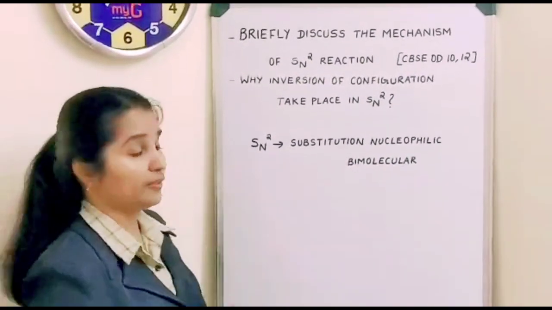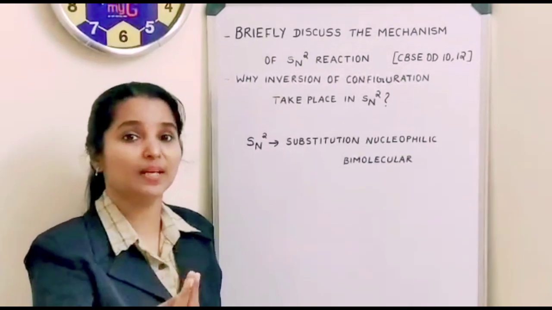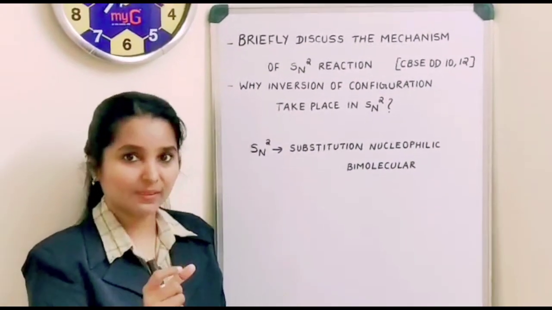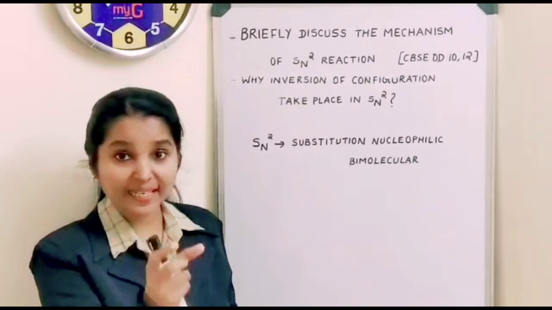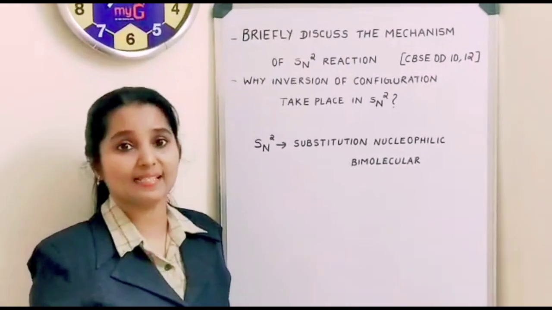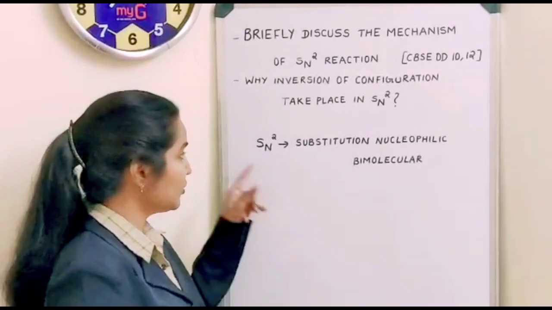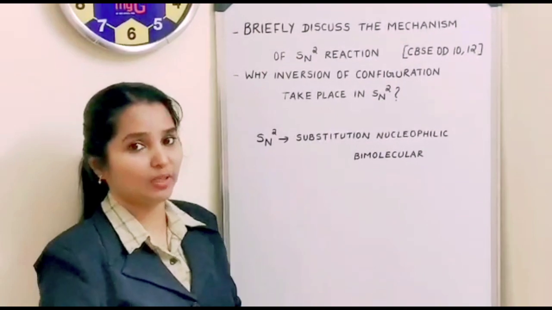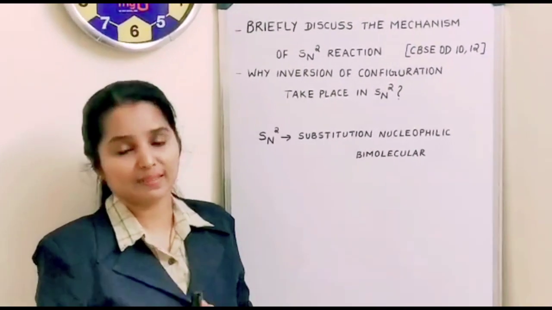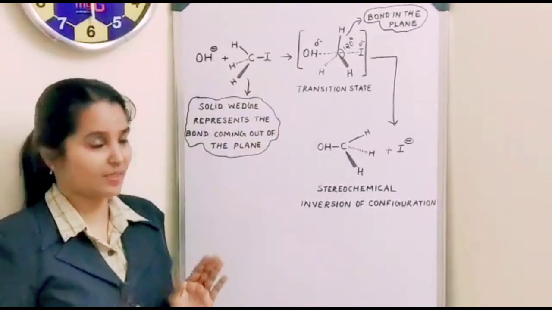And then nucleophilic. You know what a nucleophile is? Something that is nucleus loving. That means an entity that carries a negative charge, or carries electrons, that makes it negative in charge. That is a nucleophile. And then bimolecular. It is a bimolecular reaction.